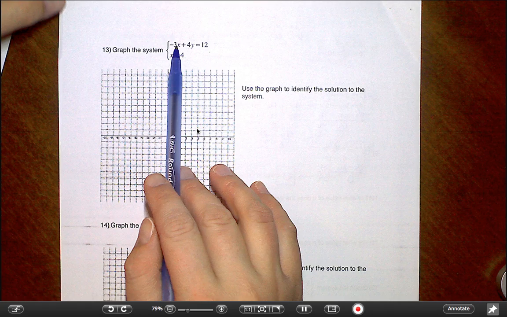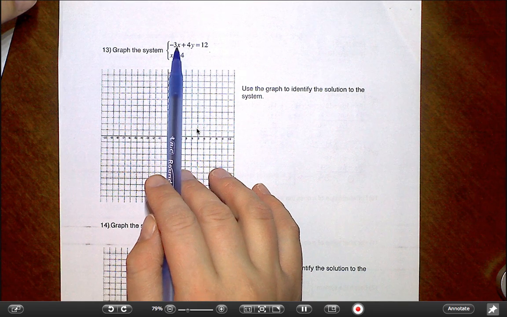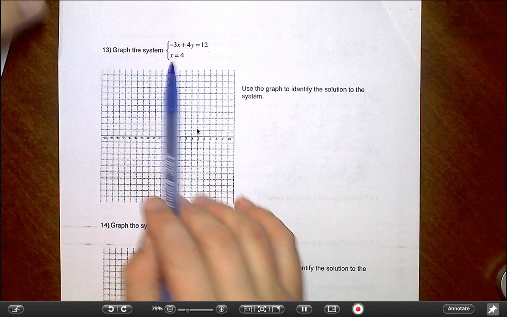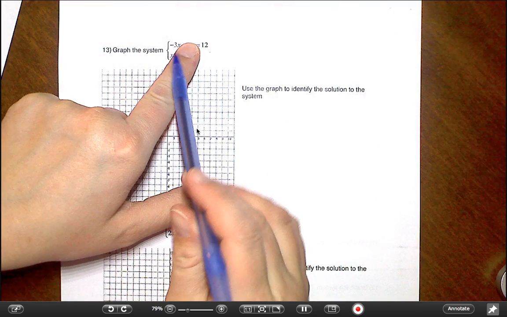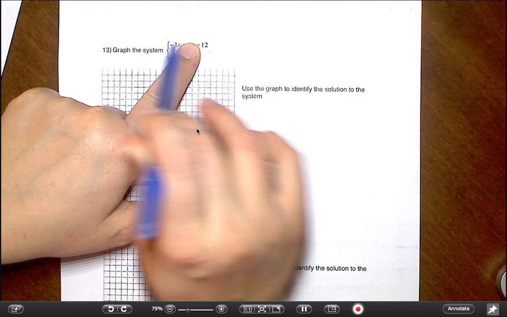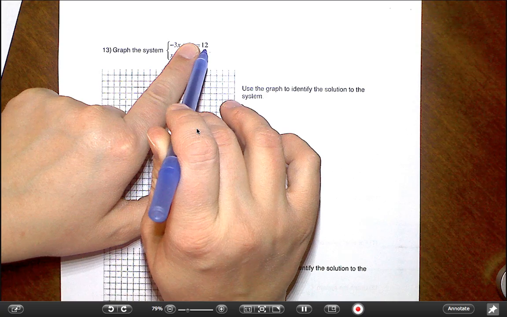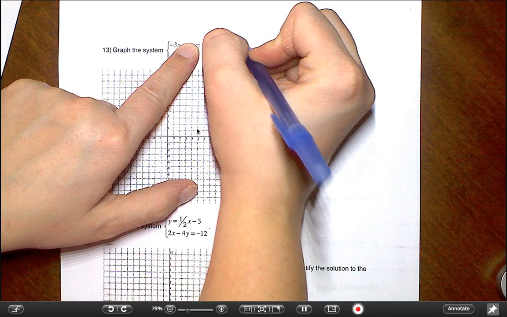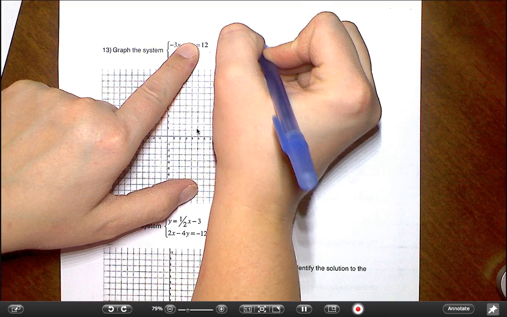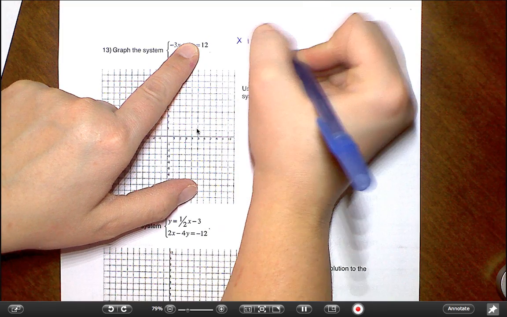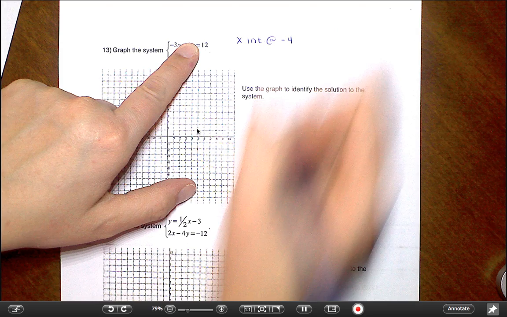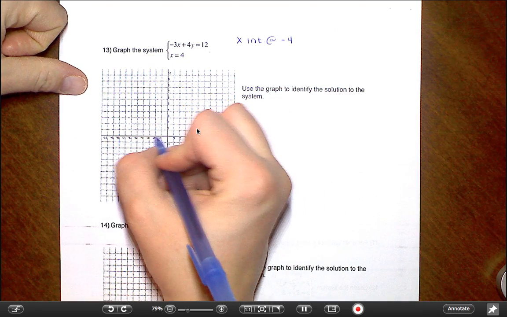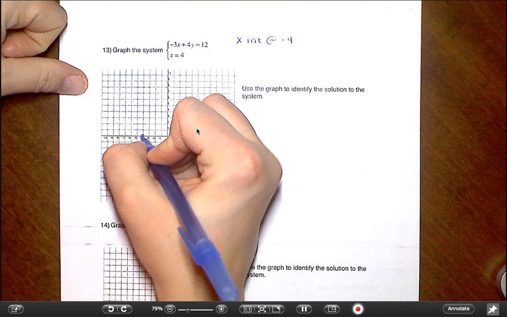When I'm looking for the x-intercept, at the x-intercept, I know that y is a 0. So I'm going to cover up the y, and I have negative 3x equals 12. So when I divide, I get that the x-intercept is at negative 4. Okay, so that tells me to go to negative 4 on the x-axis.